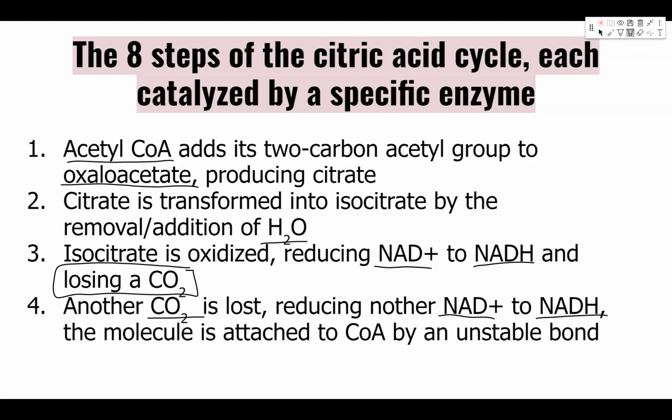So in the first half of the citric acid cycle, we have already made two electron carriers, or energized two electron carriers, and we've lost two carbons. We care about carbons and we care about energy, and that's about it for now.